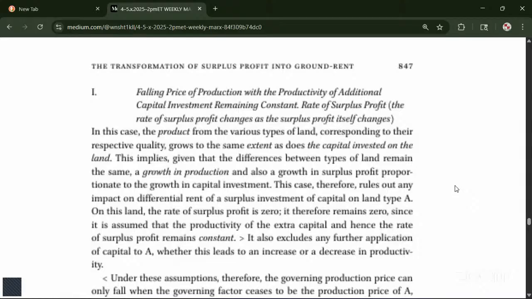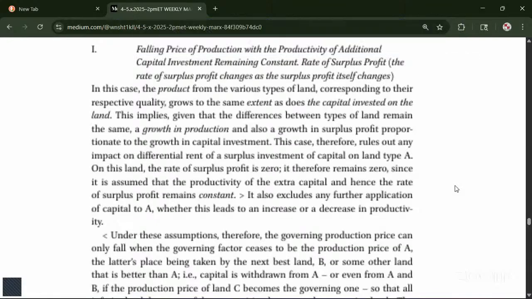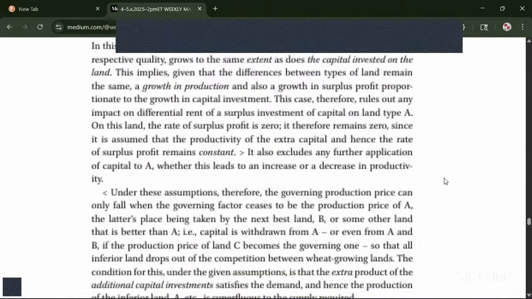Under these assumptions, therefore, the governing production price can only fall when the governing factor ceases to be the production price of A, the latter's place being taken by the next best land, B, or some other land that is better than A, i.e., capital is withdrawn from A, or even from A and B, if the production price of land C becomes the governing one, so that all inferior land drops out of the competition between wheat growing lands.